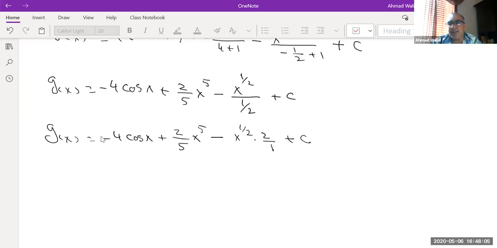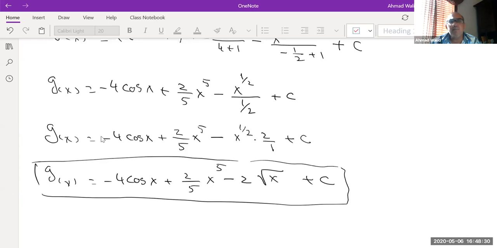If I show you this step, I shouldn't do that in calculus class, but I show you how to simplify this part, right? Then g of x equals negative 4 cosine x plus 2/5 x to the power of 5 minus 2 radical x plus C. We are done.